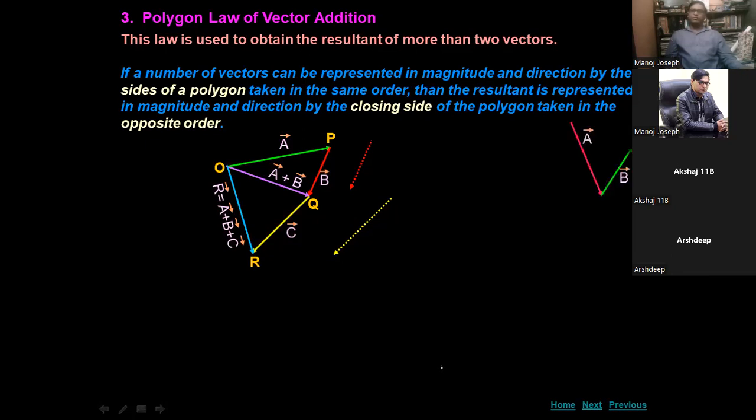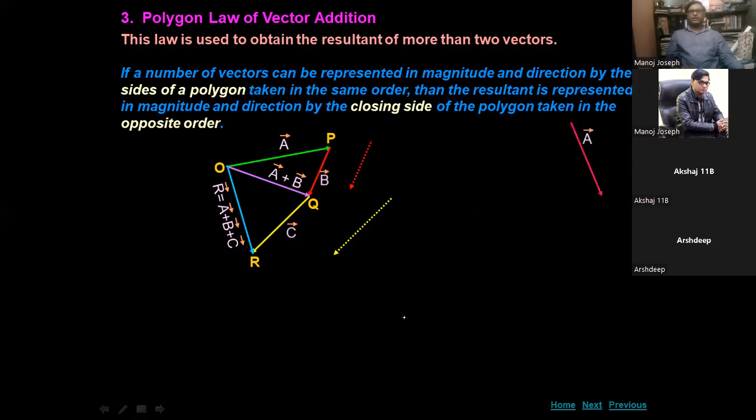Now consider one more example. Vector A is connected with vector B, vector C is connected in a different direction, and vector D and vector E are also here, and when we join the first initial point to the head of the last vector. So first look here again.